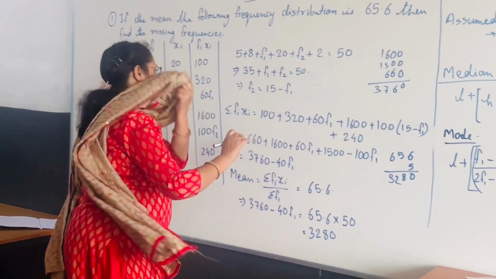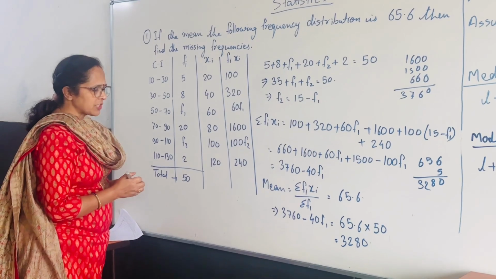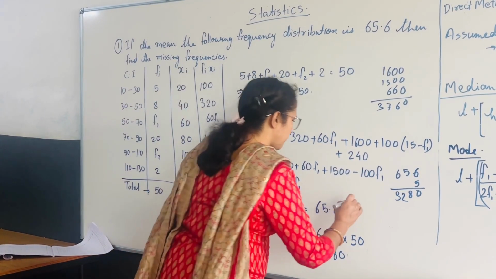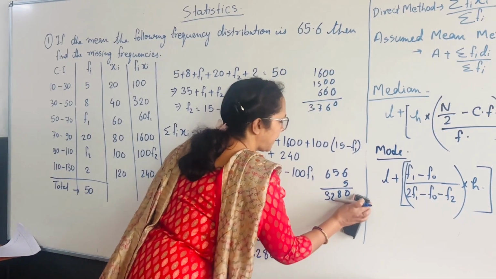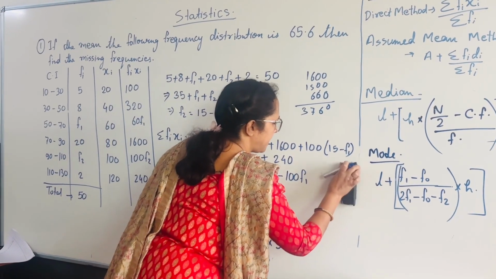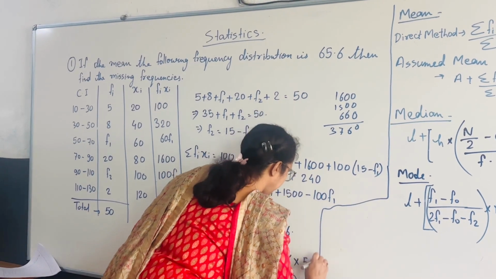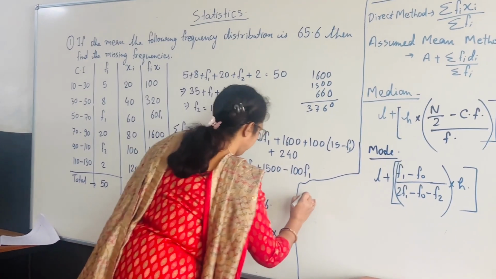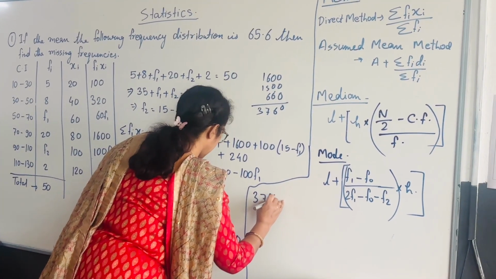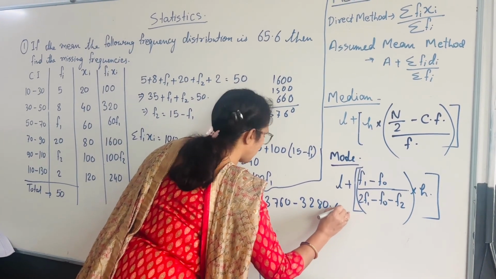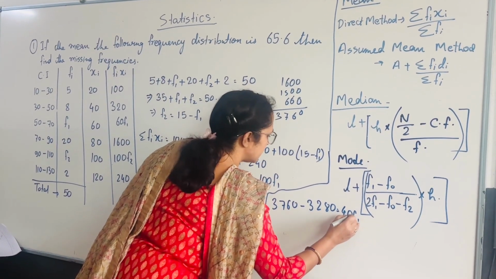3280. What you have to do? You have to find out the value of f1. For finding out the value of f1, what we will do? 3760 minus 3280 is equal to 40 f1.